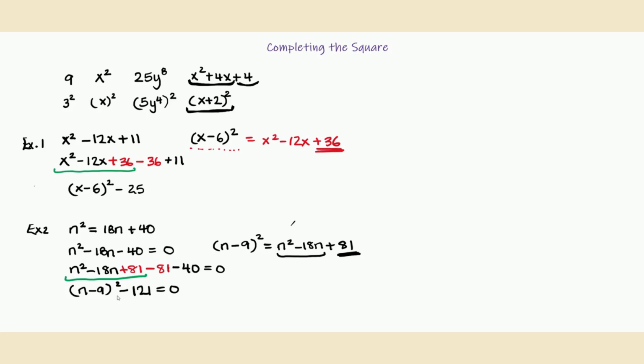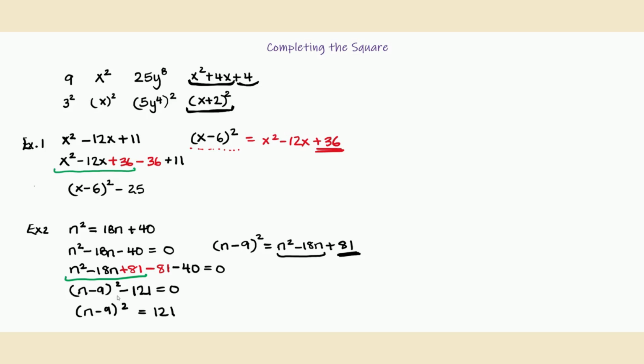Now if you'd like, you can bring this 121 over to the other side. And so if it is negative on the left, it'll be positive on the right. So this would be n minus 9 all squared equal to positive 121.